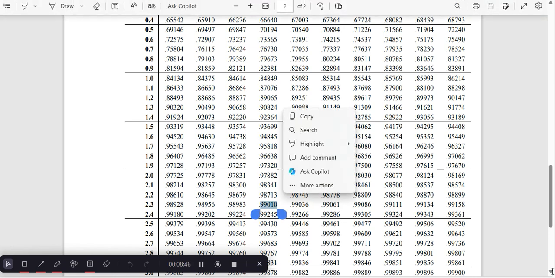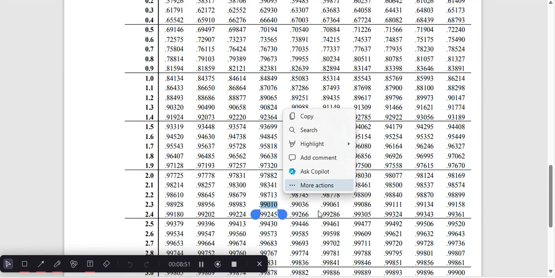I think this gets close enough to 0.99, so I'm going to use this value. 0.99 is not on the table, but the closest I can get to it is this value.